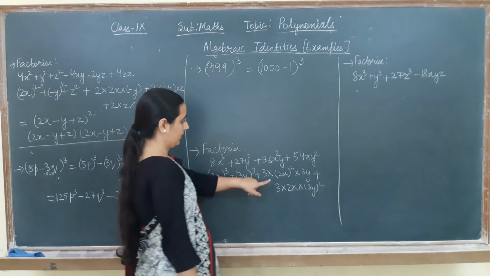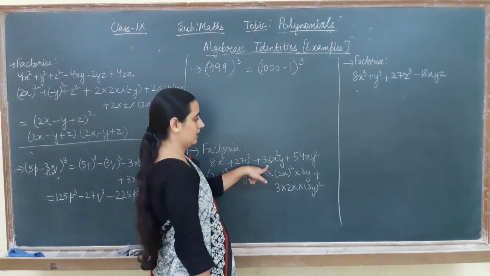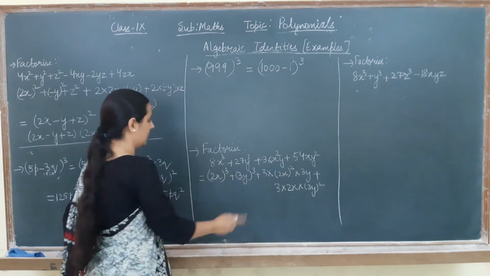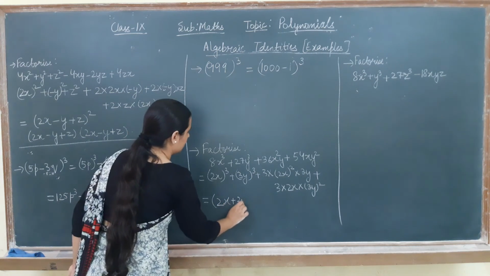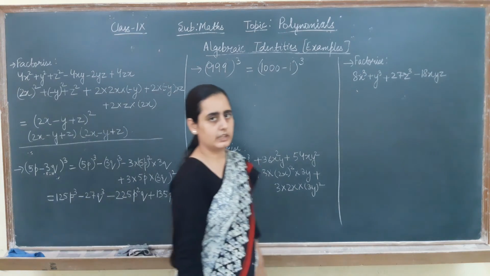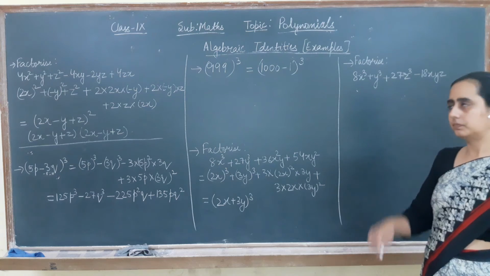Are we getting 3, and this will be 4 and 3. 3 3s are 9, 4 9s are 36. Yes. 3 2s are 6, 6 9s are 54. Yes, we are getting the same thing. That means this is 2x plus 3y whole cube, and then you need to write it 3 times because here the power is 3. Fine.